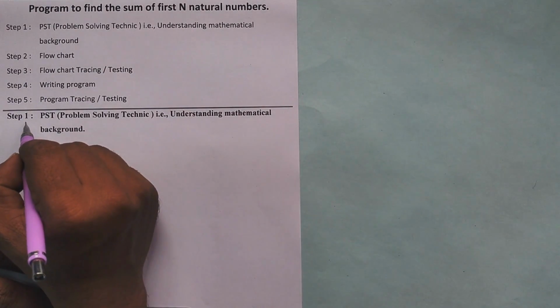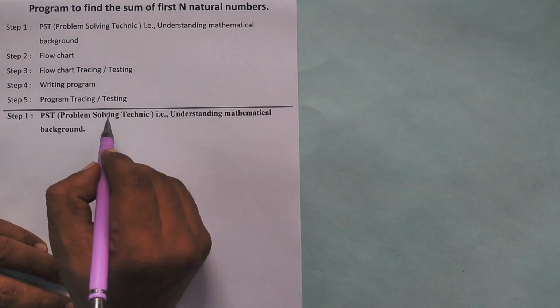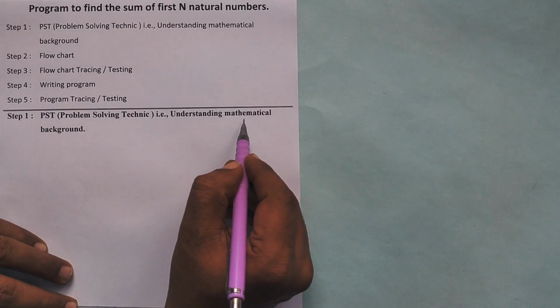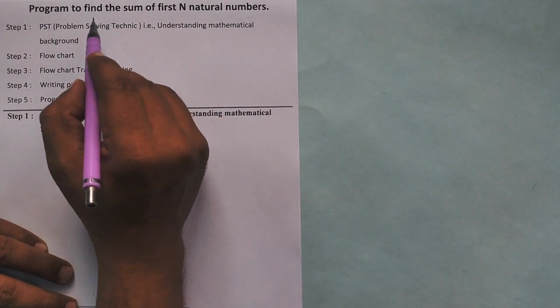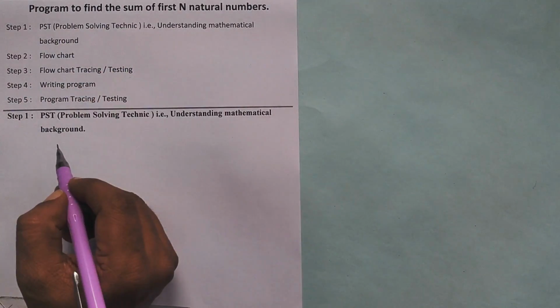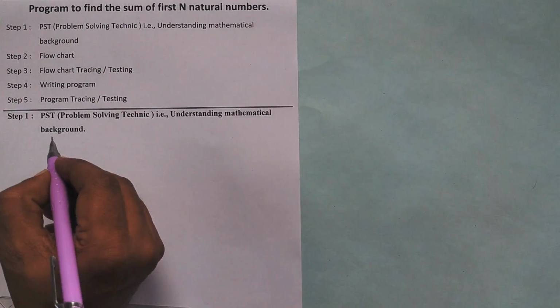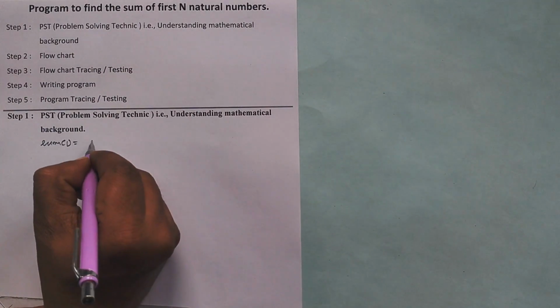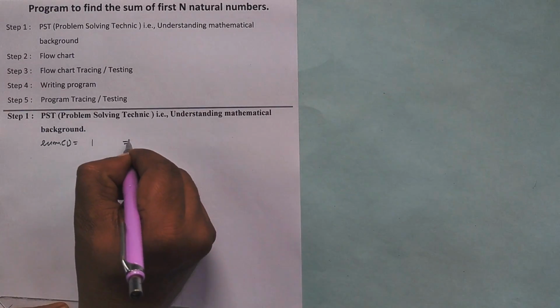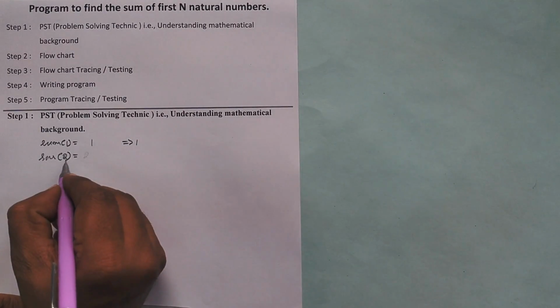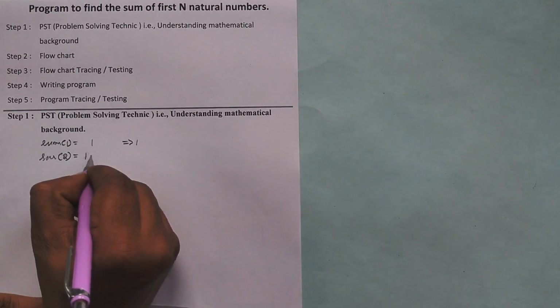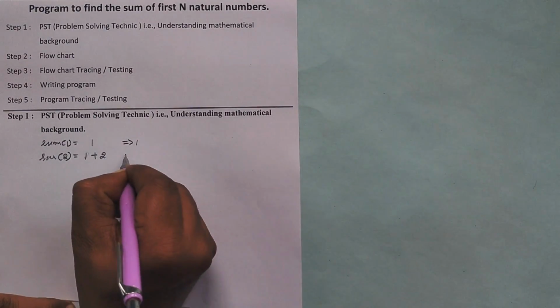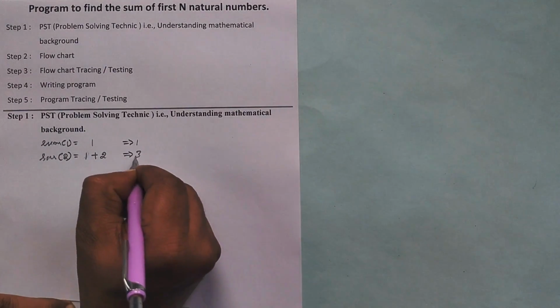First, let us move on to step number 1, problem solving technique, that is understanding what is the mathematical background behind this program. First thing is sum of one natural number is equal to what? Sum of one natural number equals 1. Sum of two natural numbers equals 1 plus 2, that is 3.